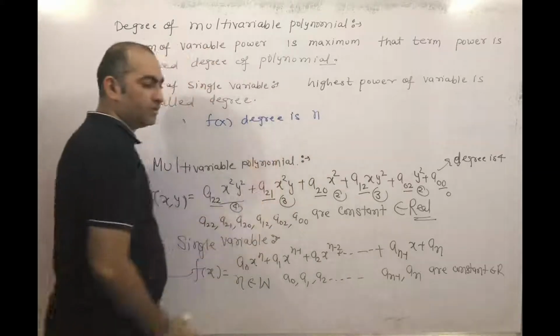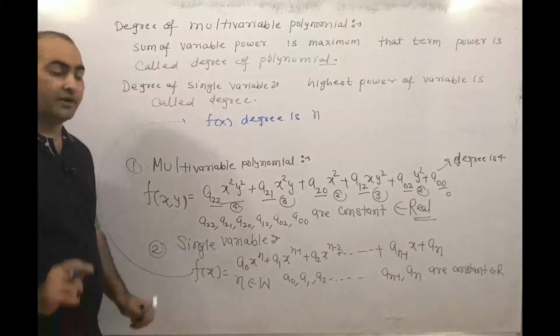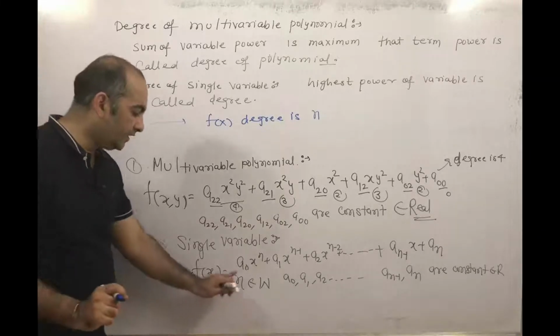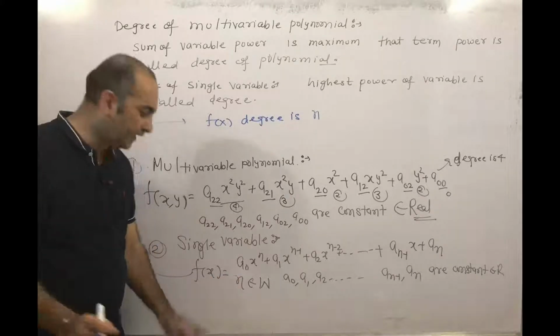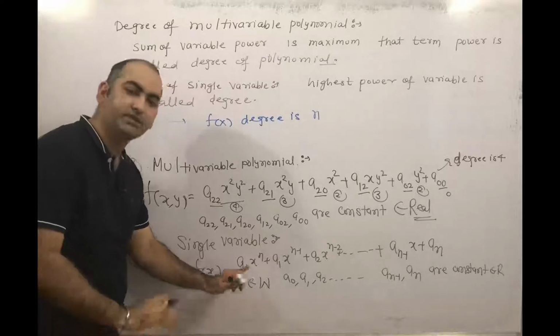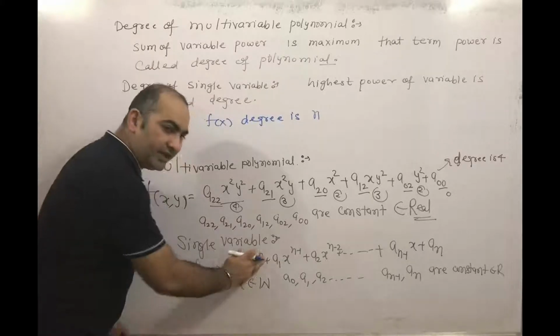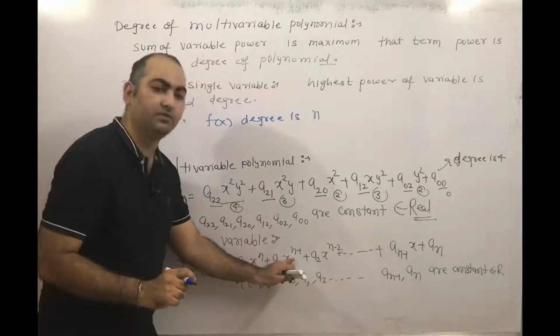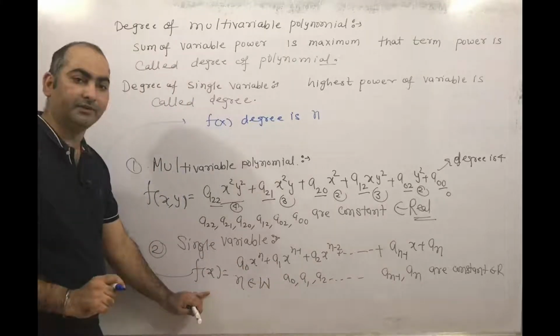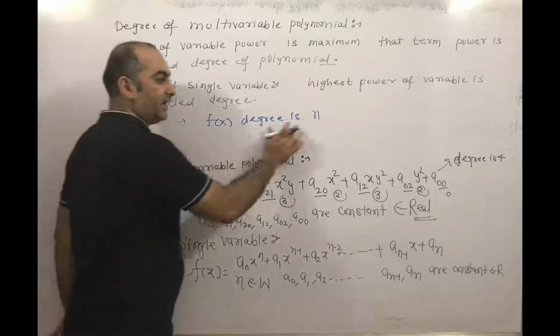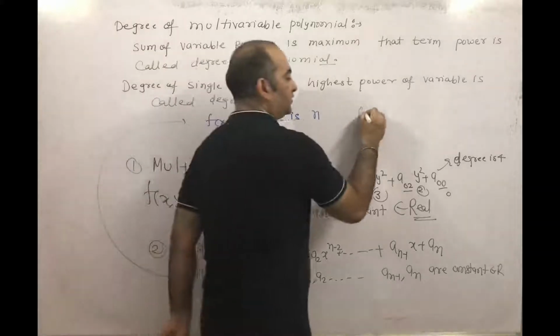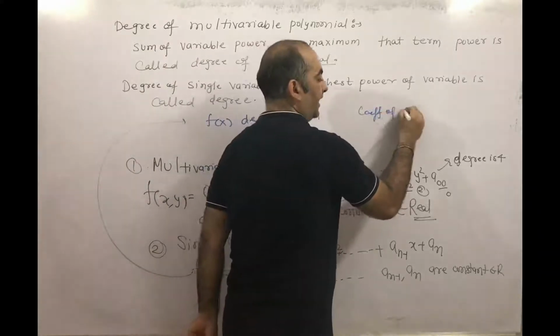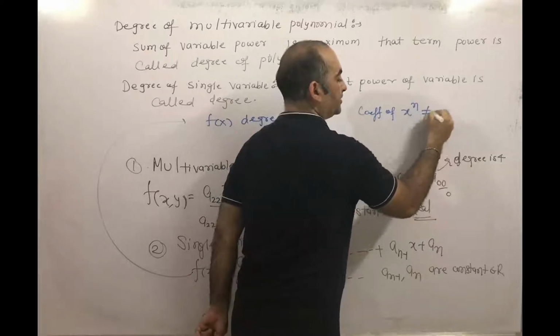Okay, so for this function f of x, degree is n, but for this one make sure that a naught should not be 0. If a naught is 0, then 0 into anything is 0. So this term will not be there. The next term is a1 into x power n minus 1, then the highest power will become n minus 1. So whenever we are defining degree n, make sure that the coefficient of x power n should not be 0.